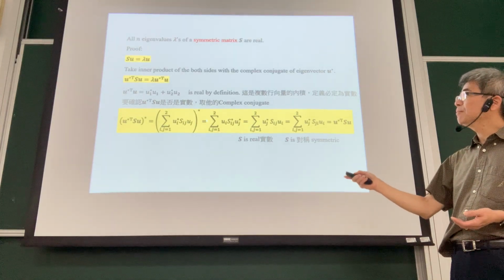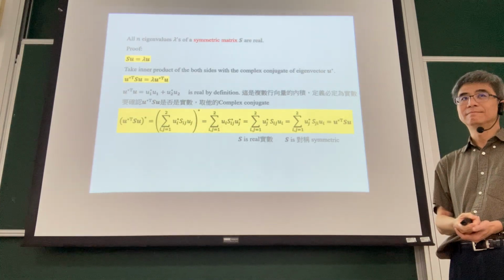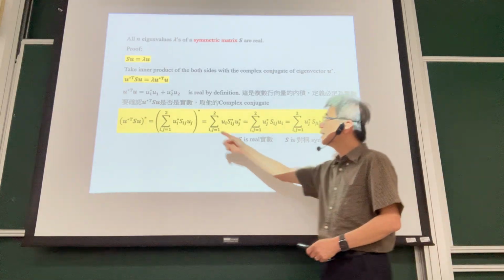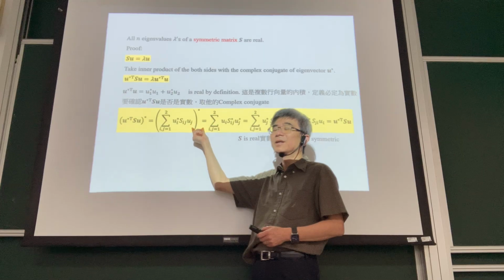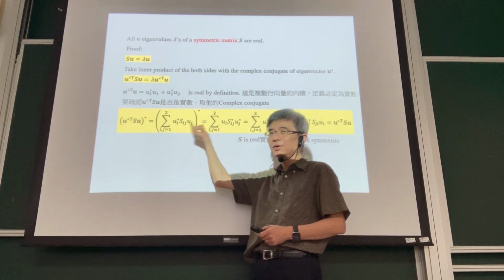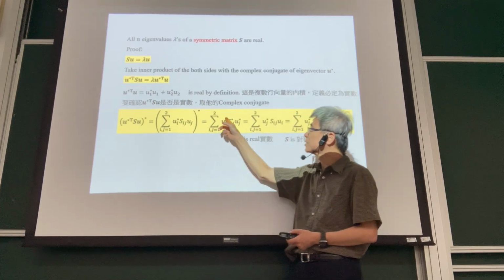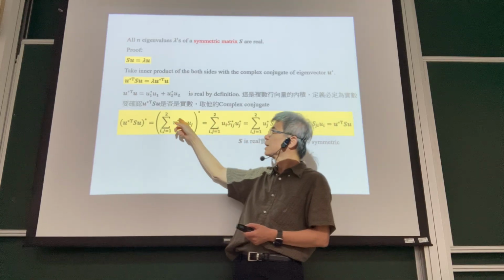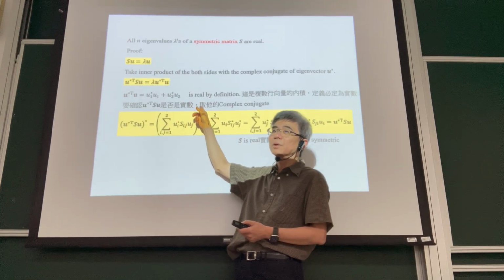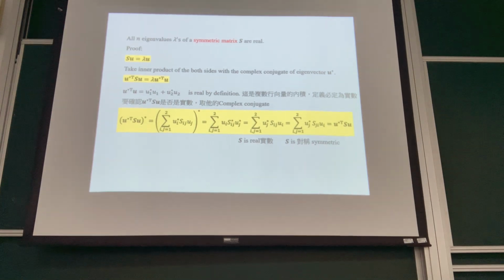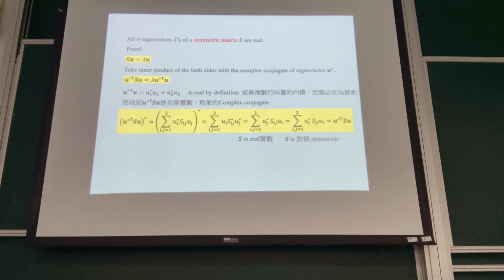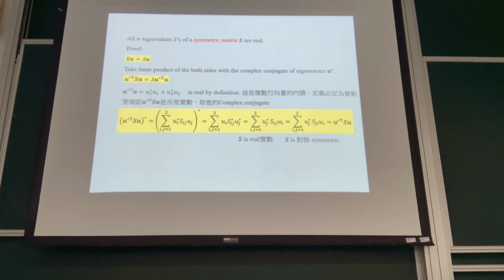Then we take the complex conjugate of the whole thing. When you take the complex conjugate of the whole thing, it means you take the complex conjugate of every element. So this becomes no complex conjugate, because the complex conjugate becomes a normal number. Remember, the complex conjugate takes the sign in front of i from positive to negative.